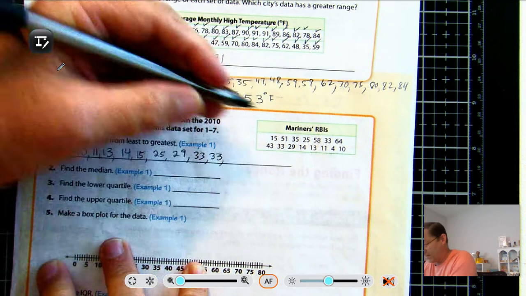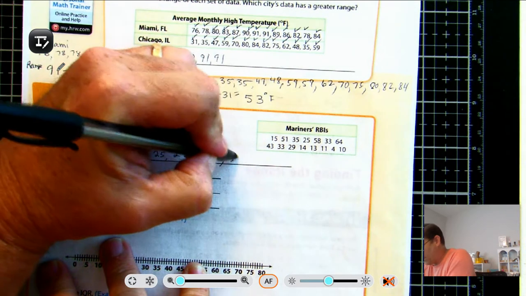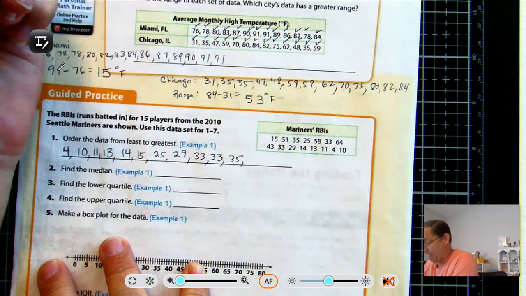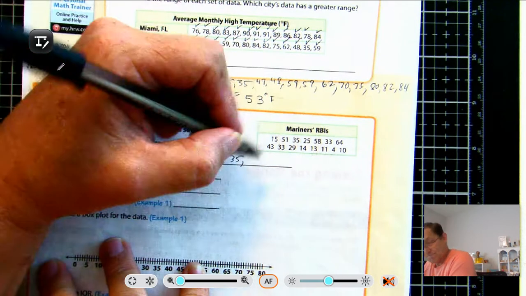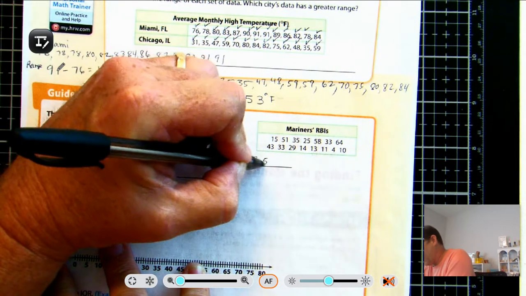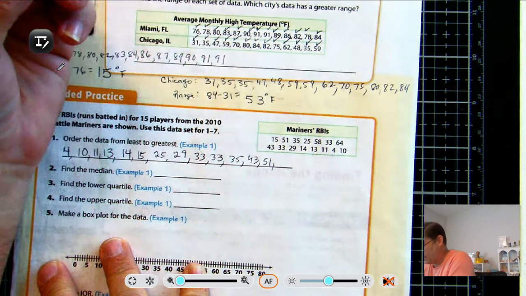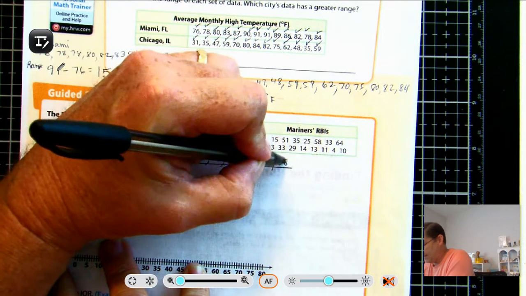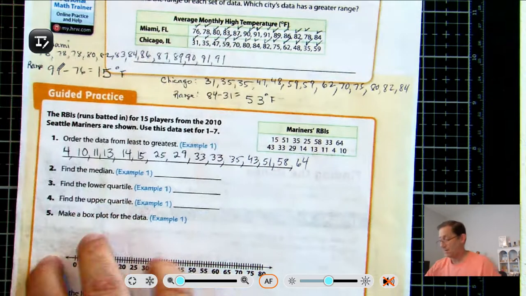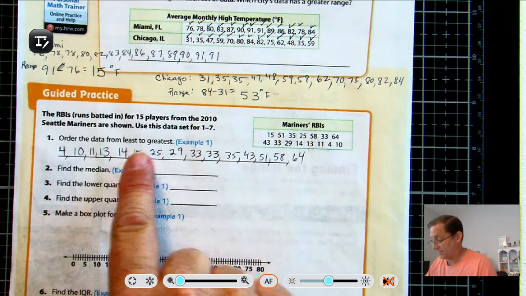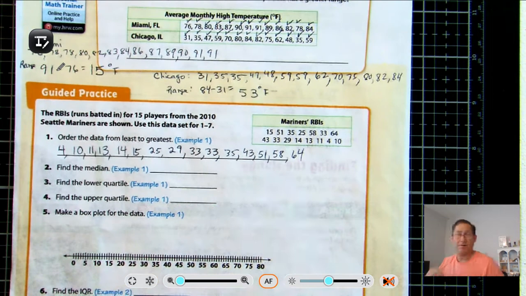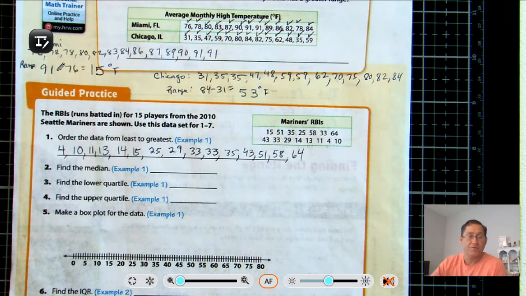There's 2 33s, 35, 43, 51, 58, 64. Okay, so 2, 4, 6, 8, 10, 12, 14, 15. All right, so we have 15 numbers. The greatest is 64, and the least is 4.